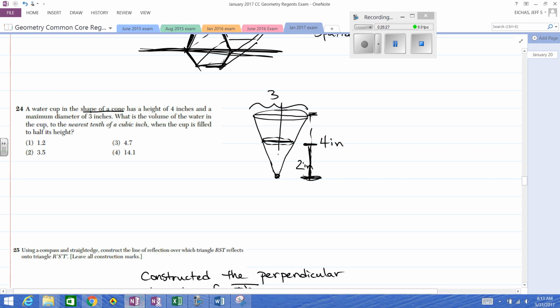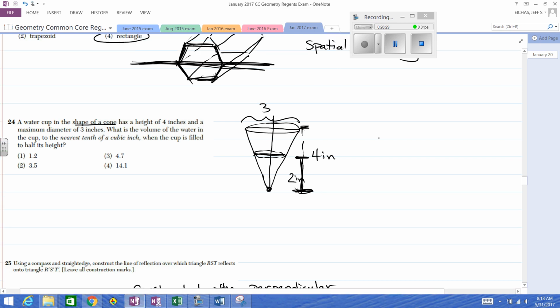And let's see, the radius. We've got to get a little cross section of this. The radius here at the top is 1.5. Halfway down would be half of that. So this cone will have a radius of 0.75, half of 1.5. Volume of the water in the cup: forget all this up here.